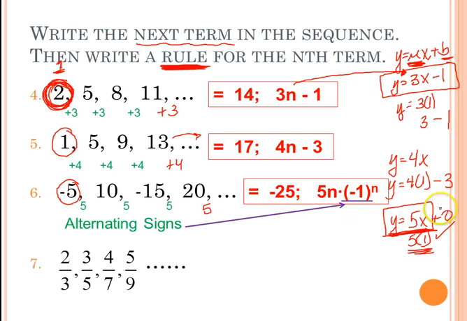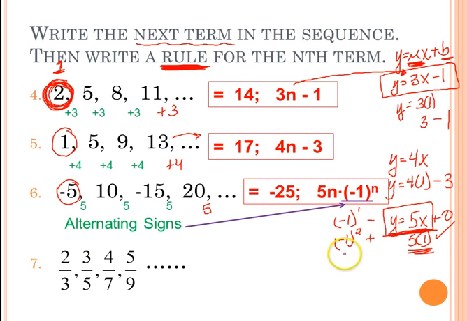But here, this is what's going to get me my alternating signs. We already said the 5n, or the 5x, was my function. But this negative 1 to the n, how does that give me this positive, negative, positive, negative? N's the power. So if I have negative 1 to the first, my answer is going to be negative. And then if I have negative 1 squared, my answer is going to be what? What's negative 1 squared? Positive.